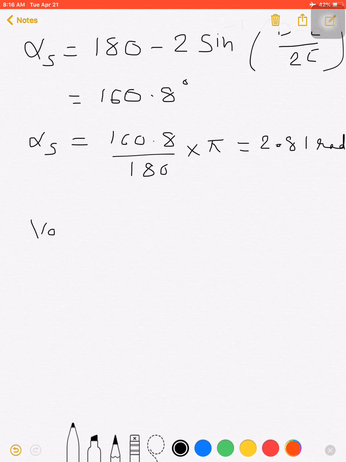Now volume is equal to length, width and thickness. What is the length? We are taking 1 meter per unit.